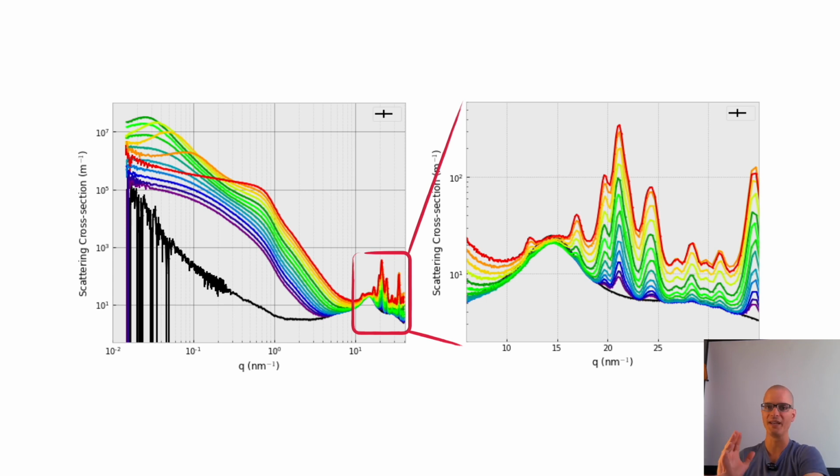So you now have two ways of figuring out the volume fraction of a component in your sample. One is to figure out the amount of crystalline material you have in your sample by looking at the height of these diffraction peaks. And the second thing you can do is to look at your small angle scattering signal on absolute scale, which will also tell you what kind of volume fraction you have over there.